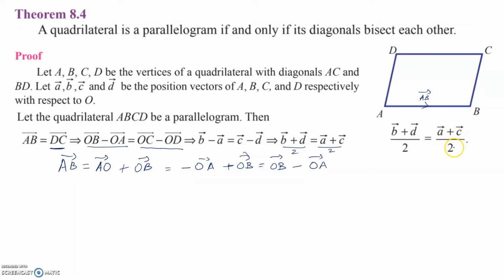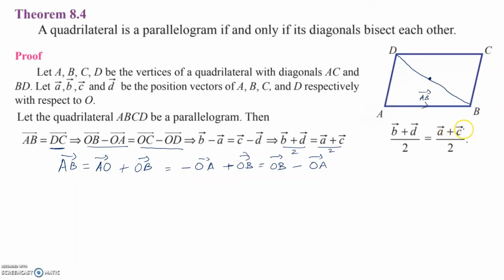So what would that mean? B plus D by 2, that is vector OB plus vector OD by 2, will be the midpoint of BD. If I draw a line, that will be the midpoint of BD.